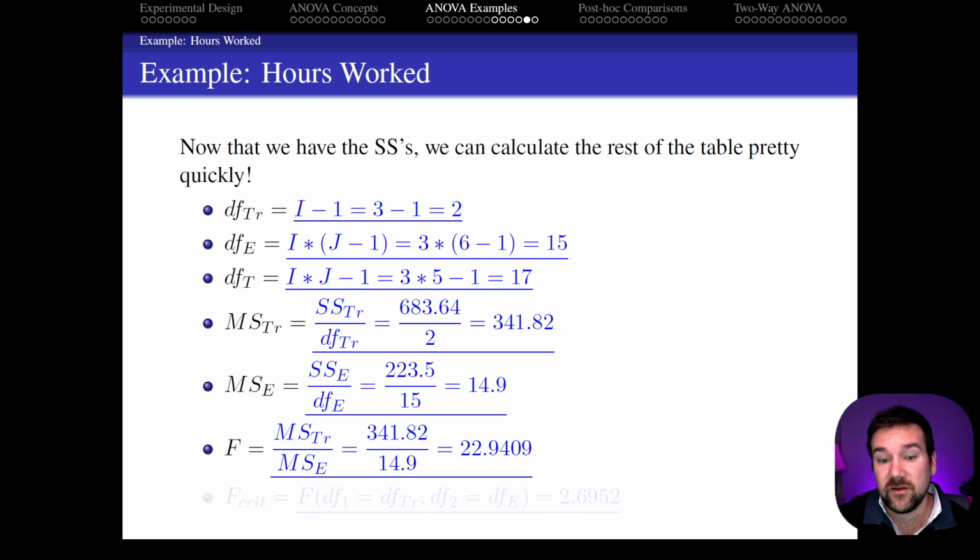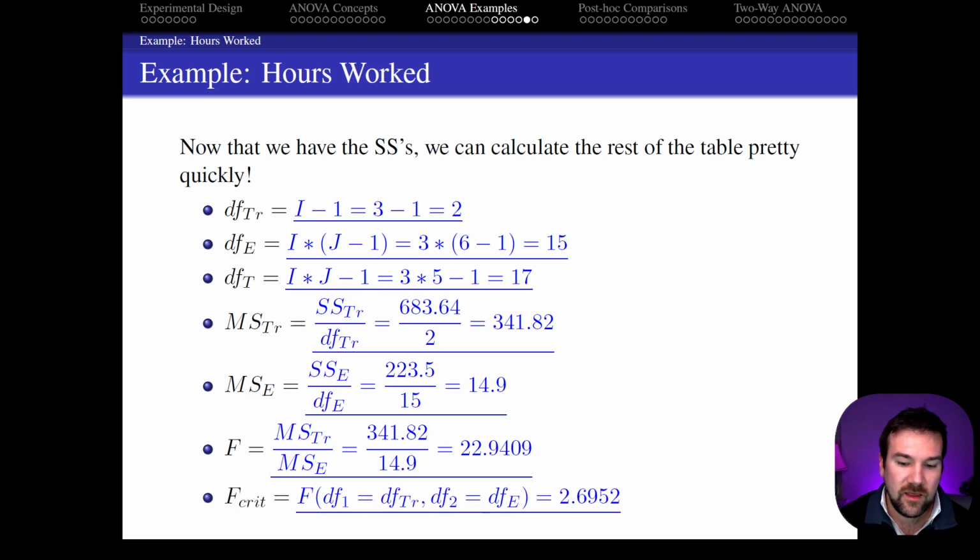The F value, this is my test statistic. I take the ratio of the mean squared treatment, 341, over mean squared error, 14.9, and I get 22.9409 for my test statistic. Again, the critical value, which I read out to you earlier, 2.6952. The first degrees of freedom are going to be from the treatment, 2.